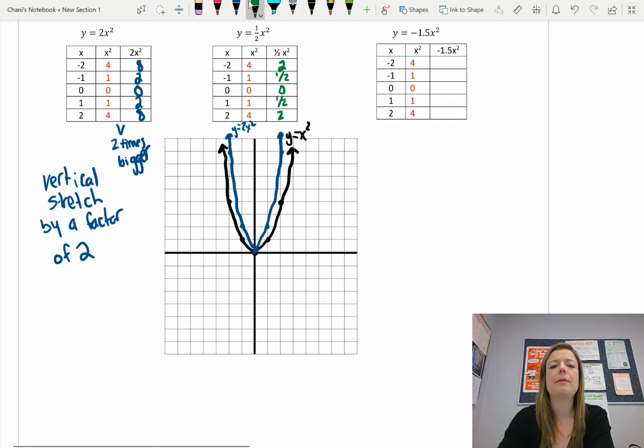This shows what I would get if I put it through just x squared. This shows what happens after I apply the half. So every y value is half the height that it used to be. So that's what creates this wider parabola than the original.